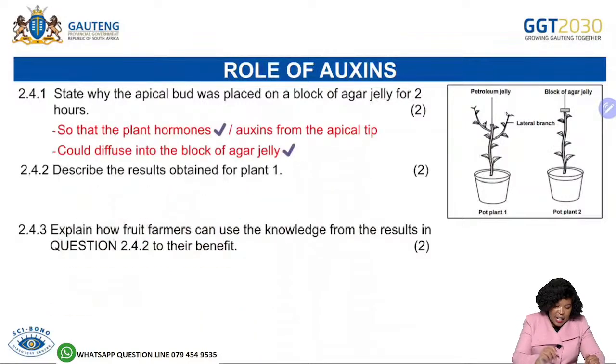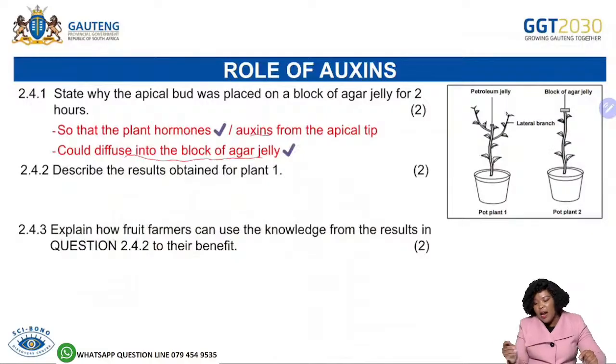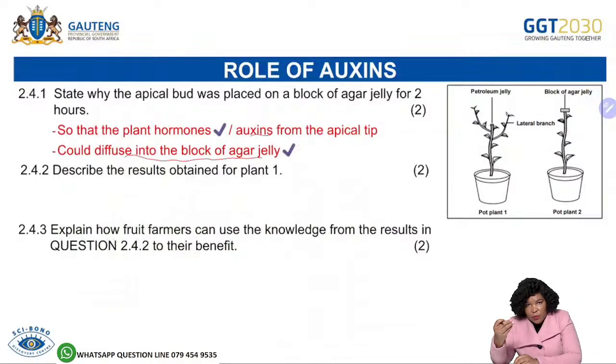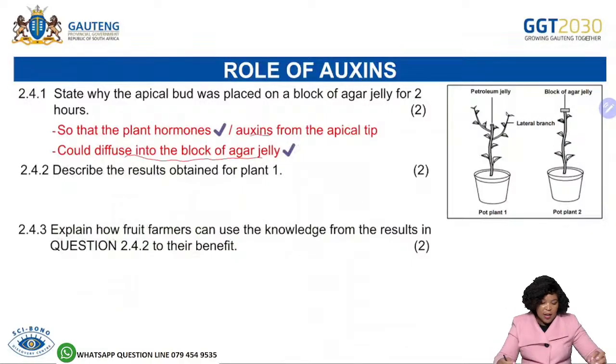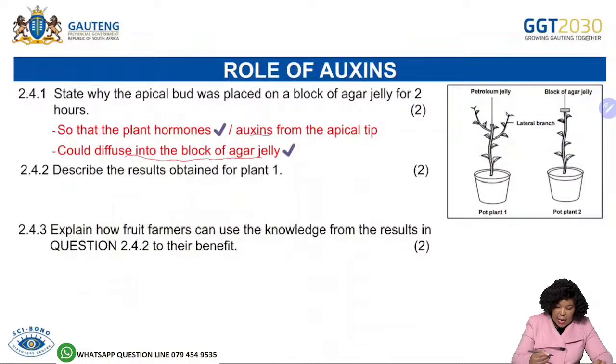So they did that so that the plant hormones found on that apical bud, the auxins from that apical tip, could diffuse into the agar block of jelly. So they wanted those auxins to diffuse into the block of jelly, meaning the block of jelly is now going to have the auxins. Right, so they wanted to do that.